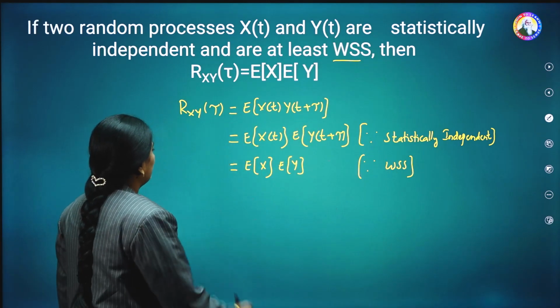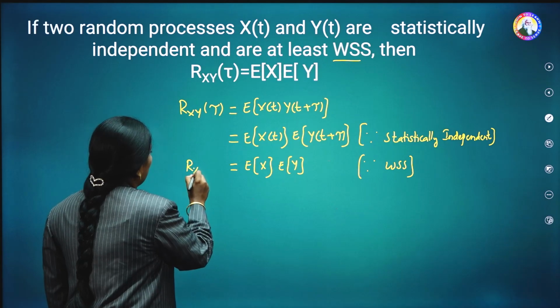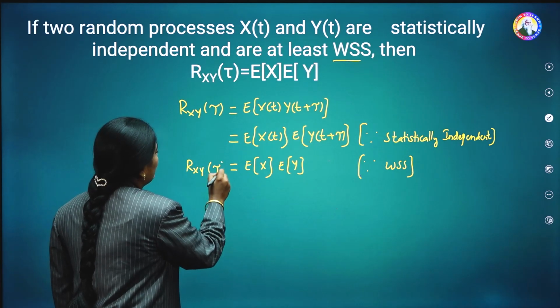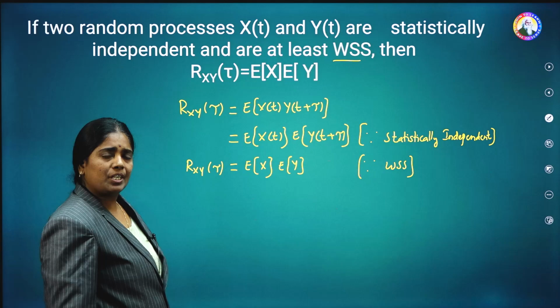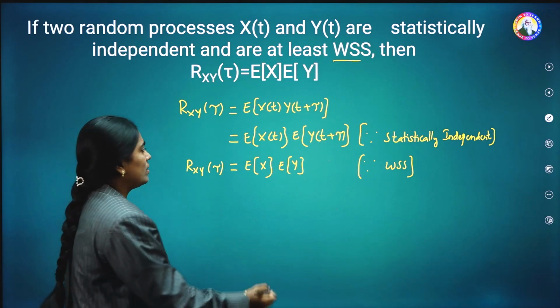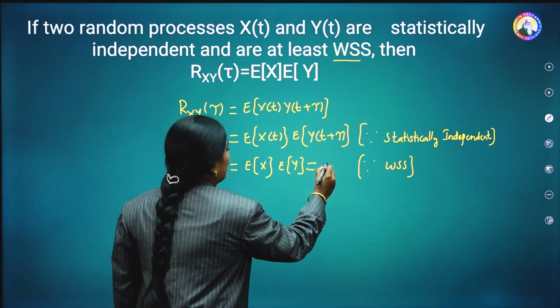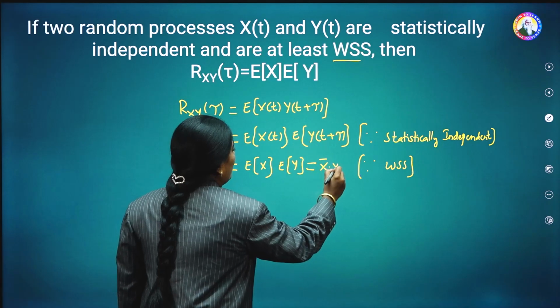Therefore, we have proved that the cross correlation function R xy of tau is equal to simply E of x into E of y, or otherwise you can write it as x bar into y bar.